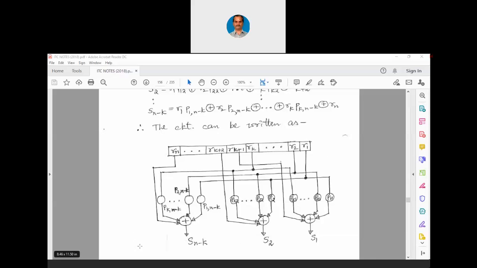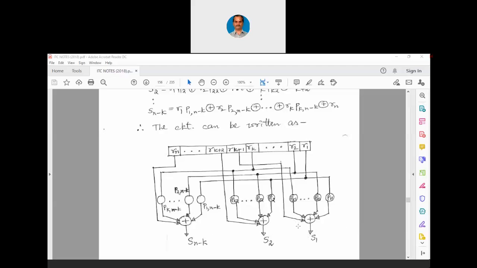Each multiplier has one input bit from the parity matrix and one input bit from the register. Then the multiplied output has to be connected to an XOR gate, which has many inputs. You can see here for S1 it has inputs up to k plus 1.